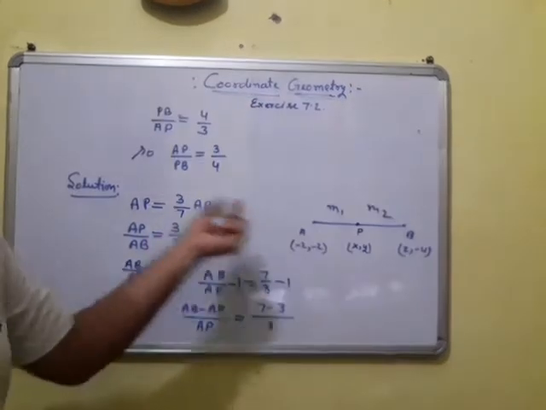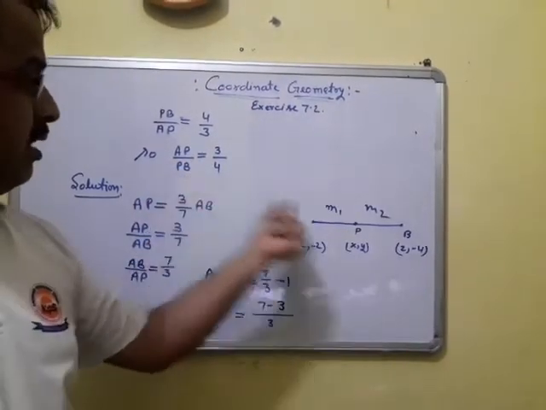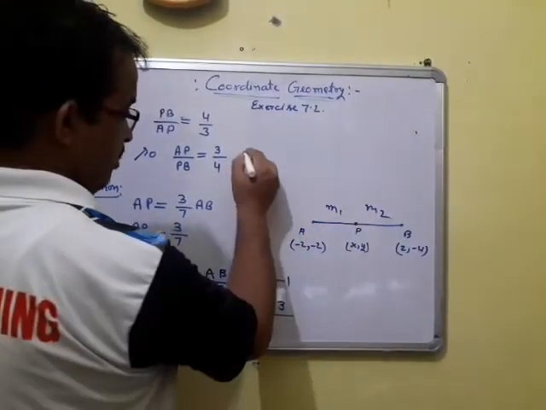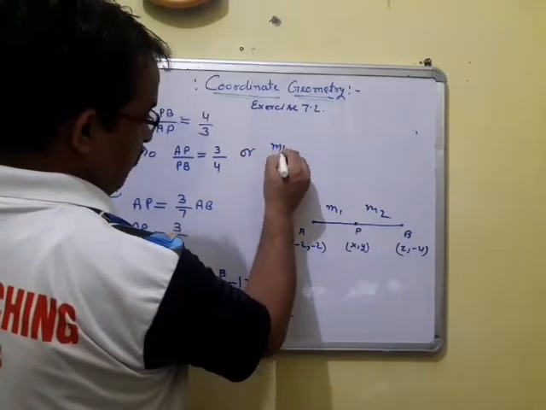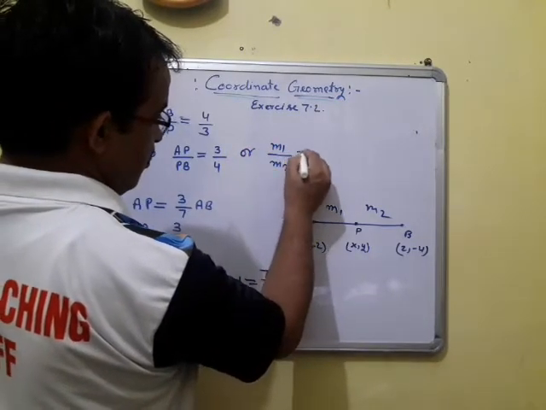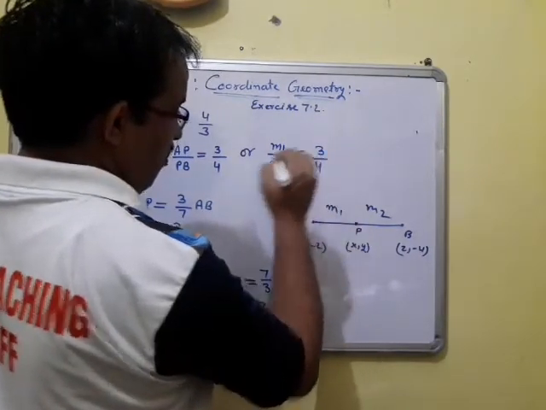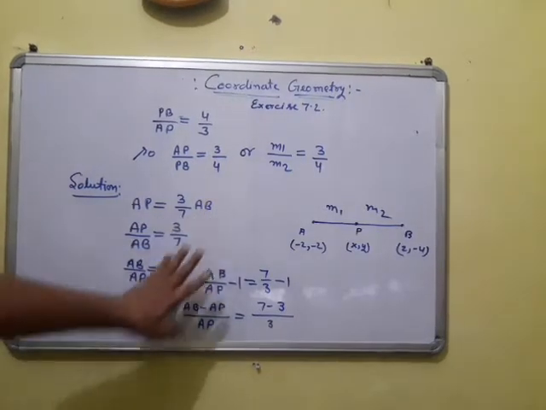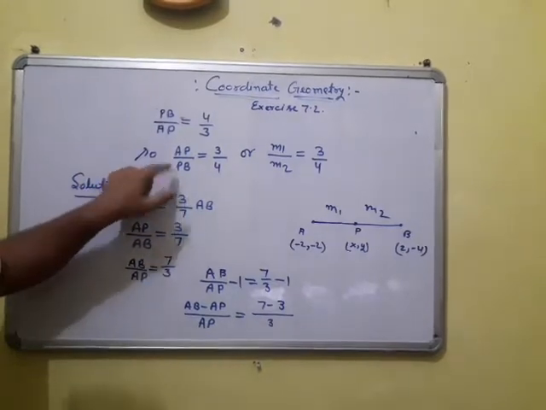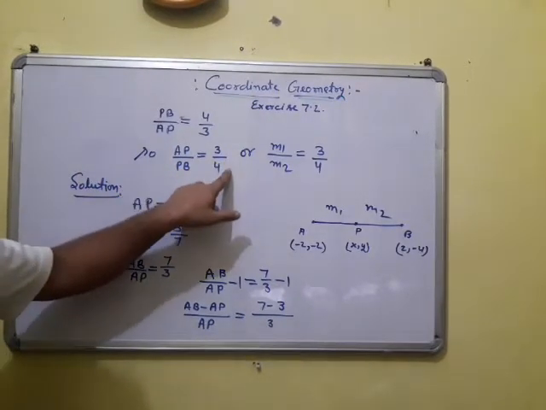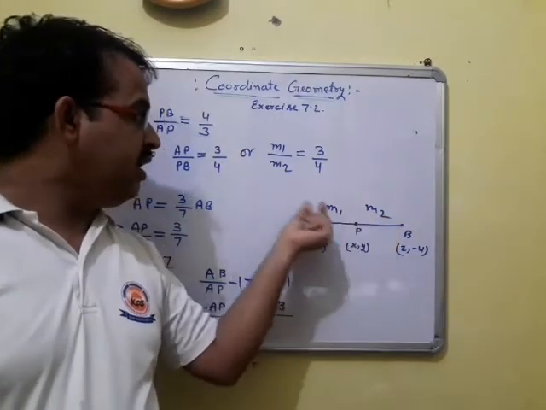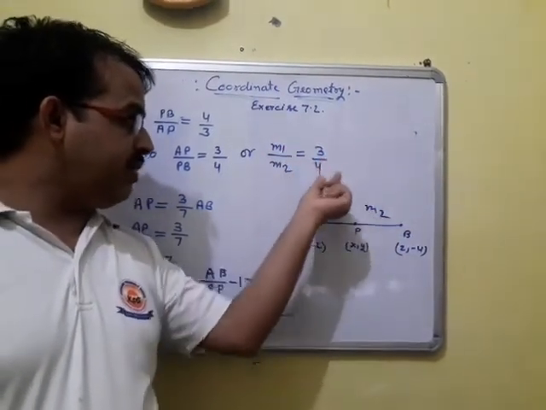So AP by BP, what will our M1 upon M2 ratio be? M1 upon M2 is equal to 3/4. This portion is clear. AP upon BP is equal to 3/4, and AP and BP are divided in the ratio M1 to M2, so M1 upon M2 is equal to 3/4.